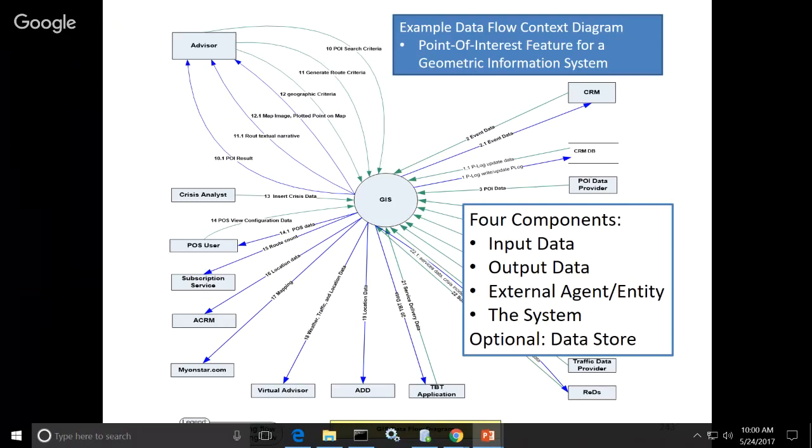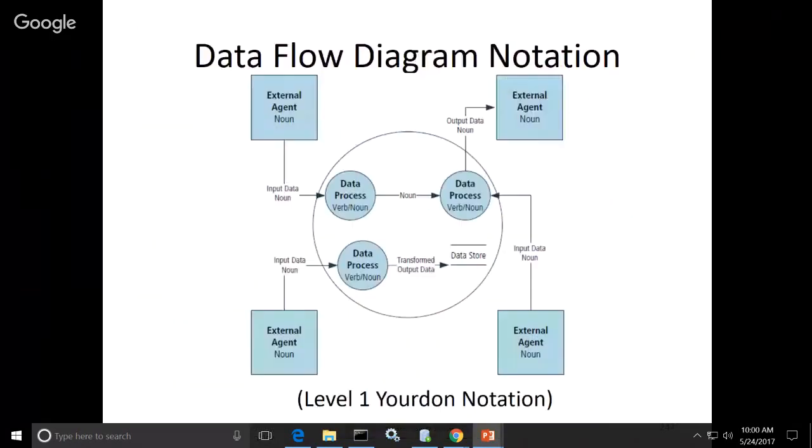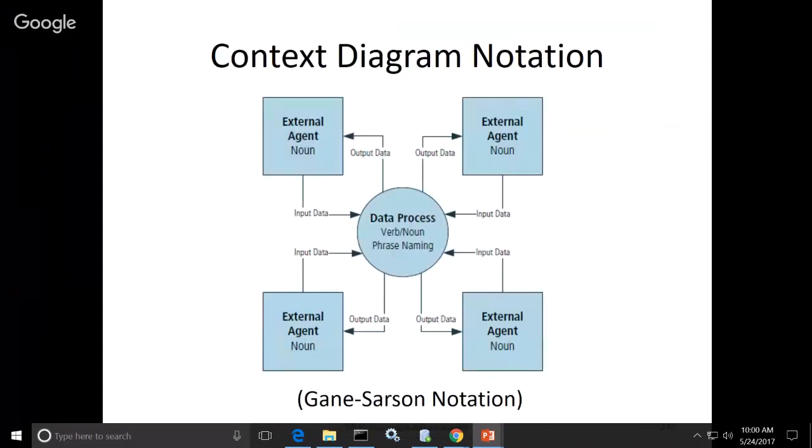And the data flow diagram is simply a diagram that includes the inside of the system. When we get to this point, now we're looking at the inside of the system. So this is Jordan. He's another guy that put together a notation format. It's very similar to the Gane-Sarson one.